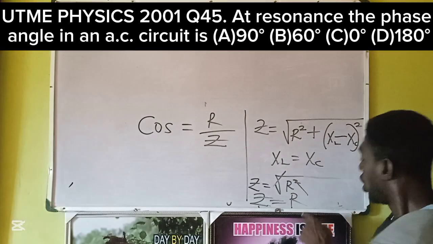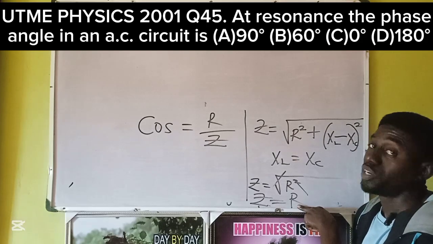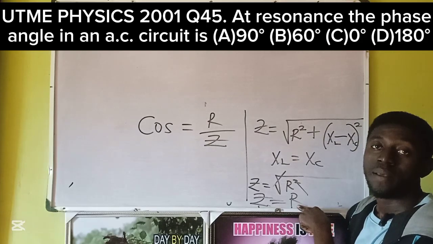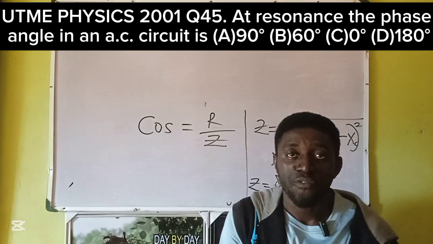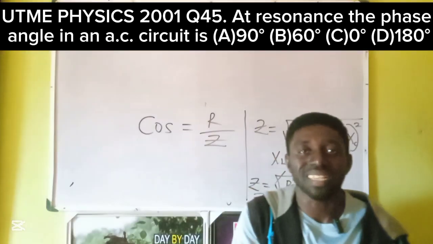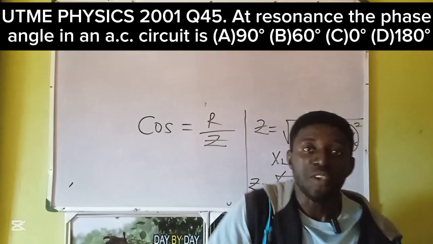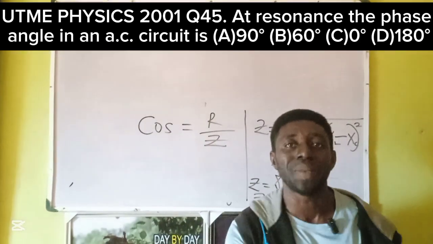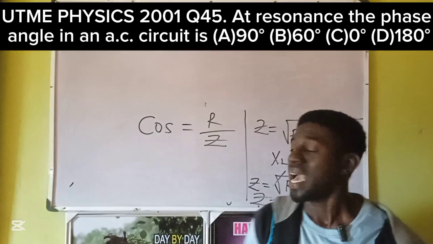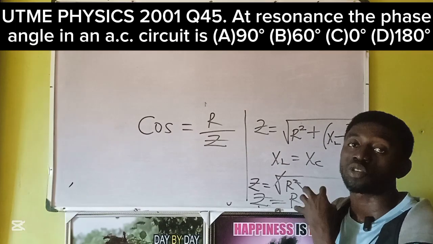When they match, the circuit returns to containing only a resistor. It now becomes a purely resistive circuit again, where we have the AC current and the AC voltage in phase. In phase means the same angle. When the same angle is subtracted, you get 0. 90 minus 90 is 0. That's why at resonance, the phase angle difference is 0.